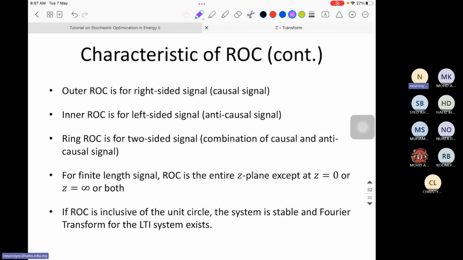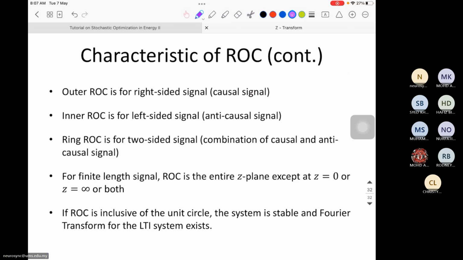Two-sided signal means h of n exists for negative n as well as positive n. Right-sided signal means this will exist for positive n. Left-sided signal means h of n exists for negative n.